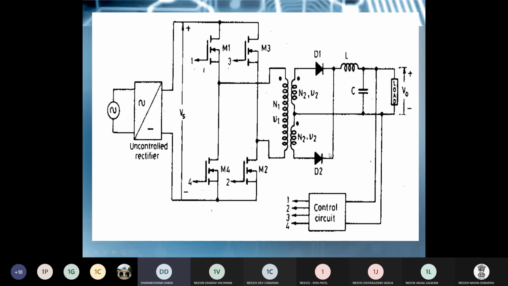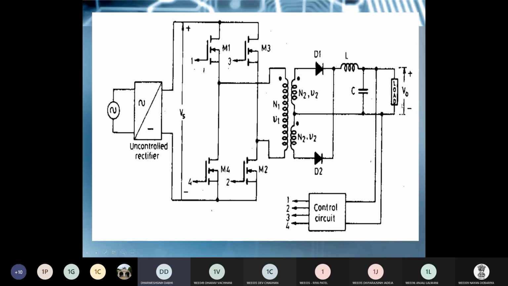But again you can see that the direction of current is the same and the voltage is also positive, because this terminal is positive so positive comes here, where this terminal is negative so negative comes here. So again when M3 and M4 are on, you get positive voltage and current, meaning you get DC power.